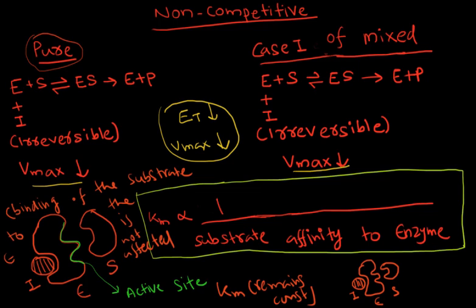Everything is fine as long as it is binding some other place from the active site. But the problem is, after binding to the inhibitor, the shape of the active site is changed.